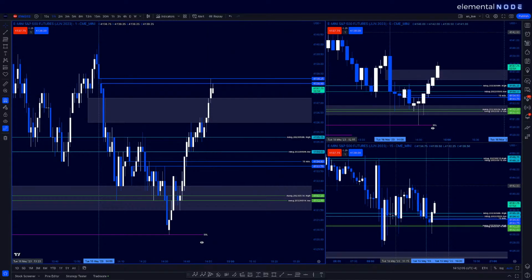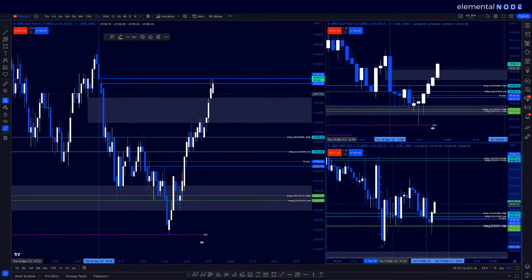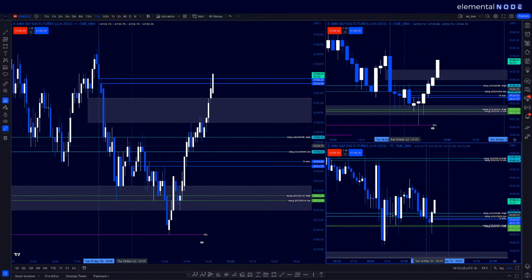But keep in mind that we are within equilibrium. So we're a little bit above equilibrium, which is premium. That's good. There's a market structure shift on the 5-minute, which is no good for what we're just saying.